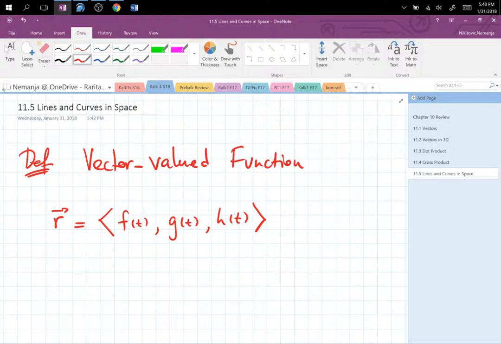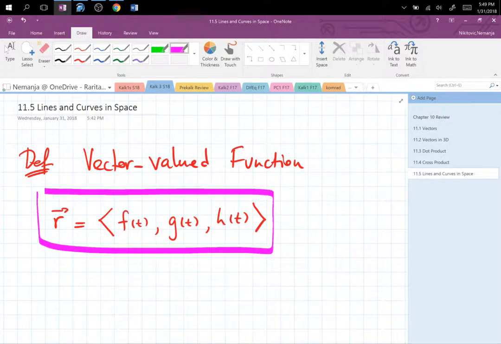And you have already seen this in the shape of parametric equations. It's simply a collection of functions, one for the x direction, one for y, and one for z. Now they're all in terms of the parameter t, and you can think of this t as evolution in time.